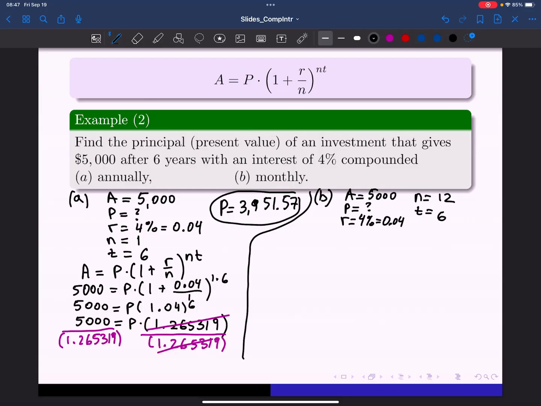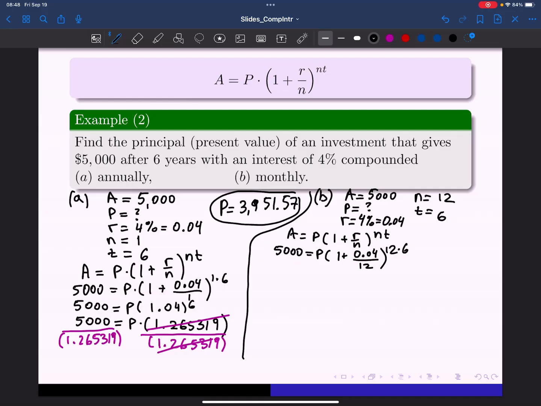So now we have again the formula A is equal to P times 1 plus R over N to the power NT. So we have 5,000 is equal to P times 1 plus 0.04 over 12 to the power 12 times 6.